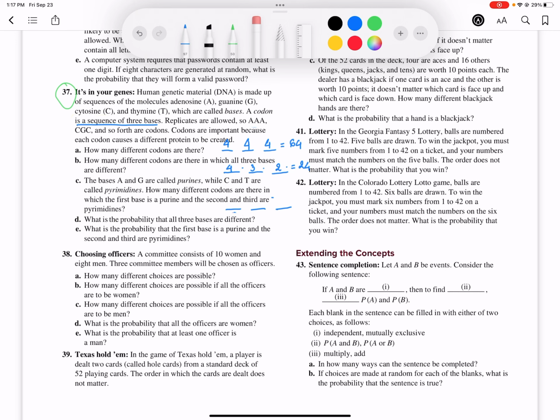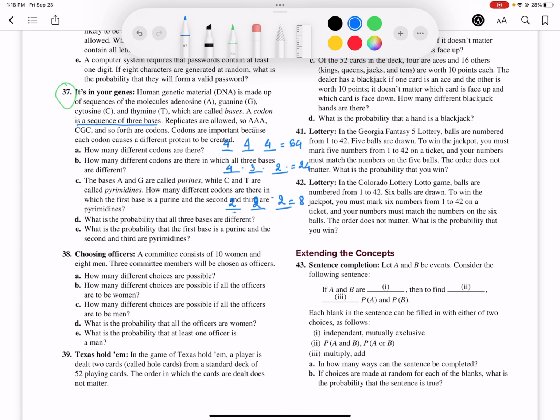We have 2 kinds of purine, A or G, so that is 2 choices. Sorry, the second one and the third one are pyrimidines. So we have 2 choices, C or T, and C or T for the third one. So that is 8.